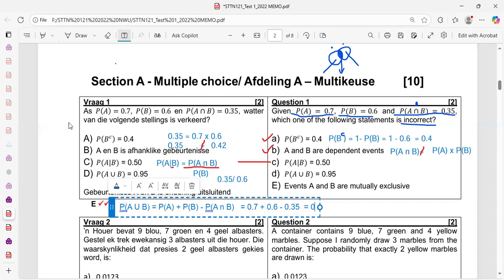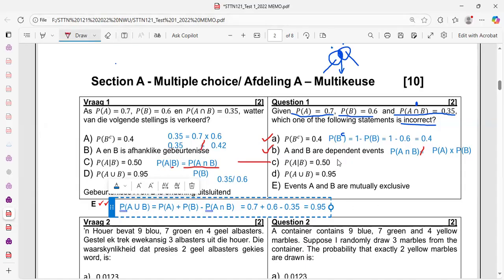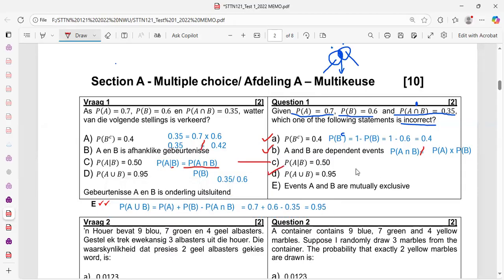So the answer is correct, 0.95. Option D is correct.